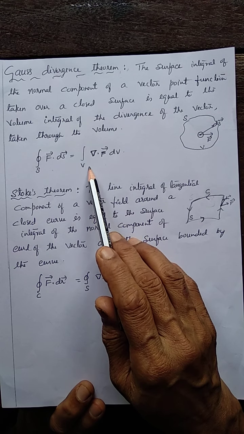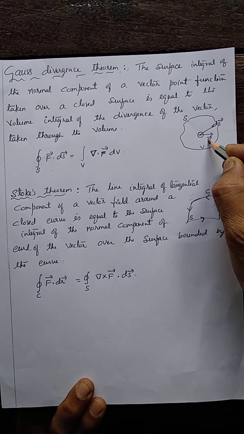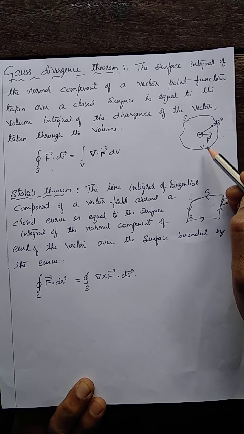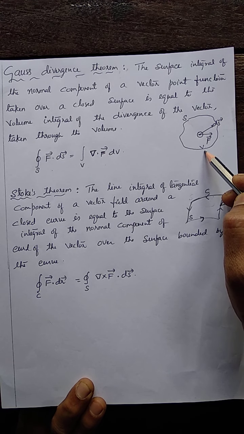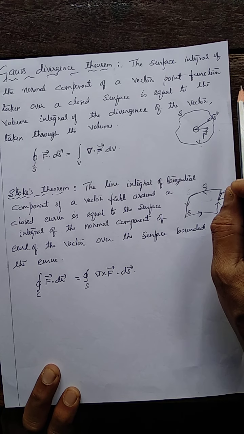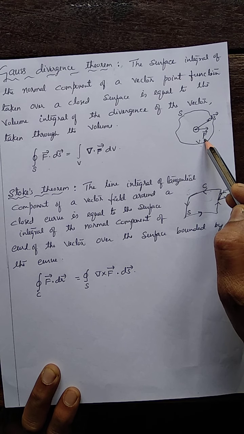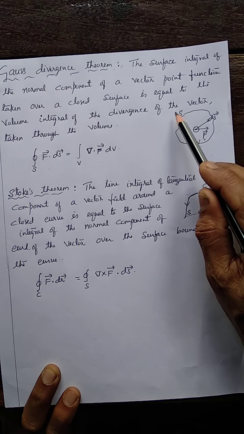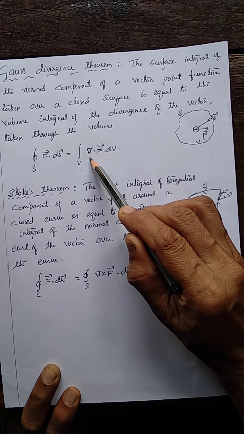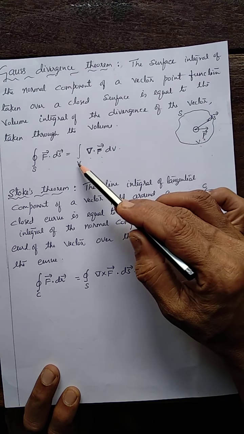What the theorem says is, suppose we have a vector field, say F. In that vector field, consider a closed surface S enclosing volume V. Then, according to the Gauss divergence theorem, the surface integral of the normal component of this vector function taken over a closed surface is equal to the volume integral of the divergence of that vector taken over the entire volume V.